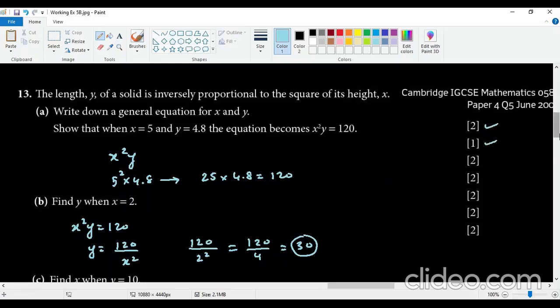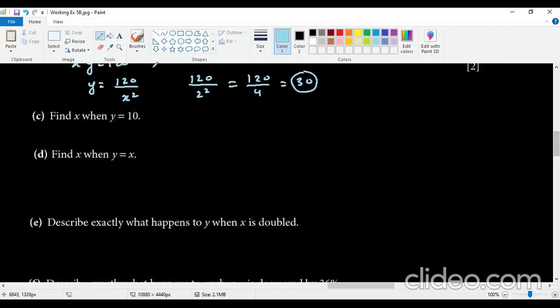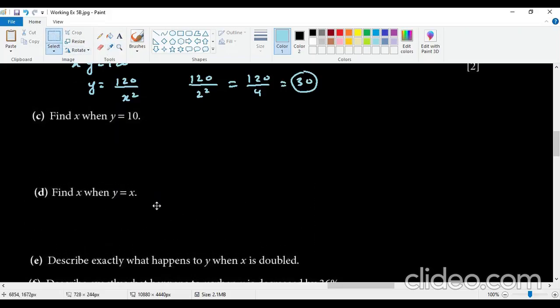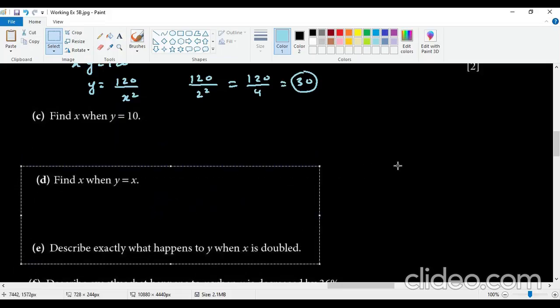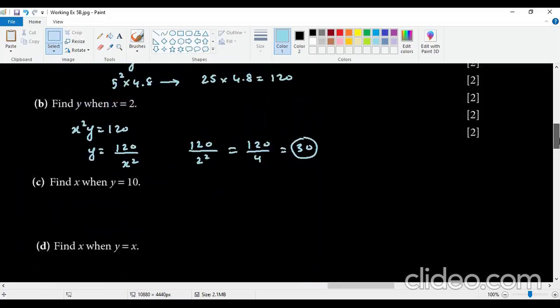Now moving on to part C. Find x when y is 10. x square y equals 120. You need to find x when y is 10. That means x square equals 120 over y.